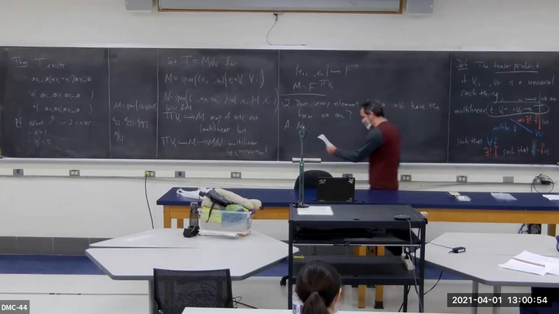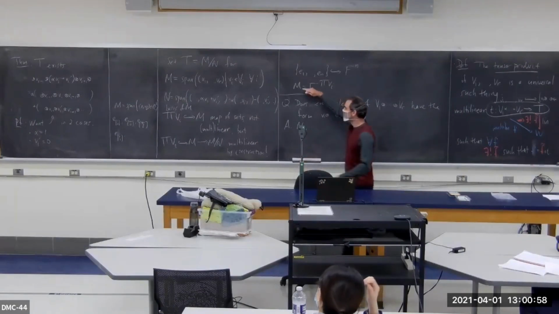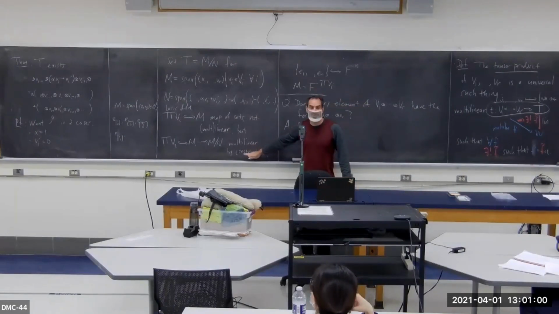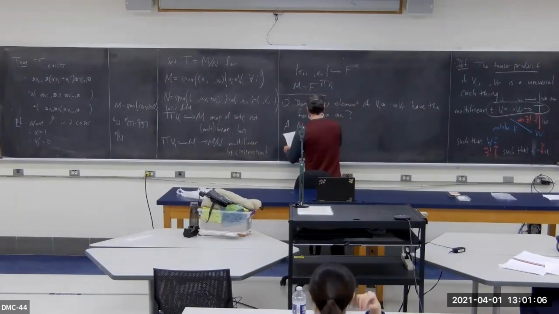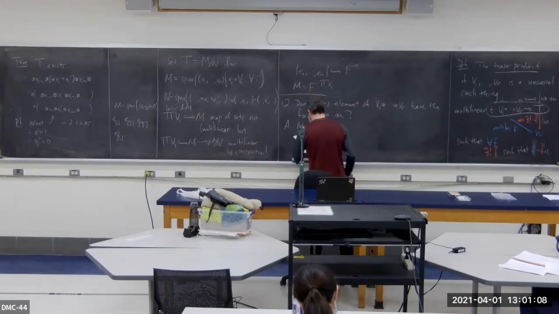Let's give an example. Let's do an example of a tensor product right now before we do the proof. So we're in the middle of the proof here. We will finish the proof in a bit. Let's do an example first because it might help. So this is a crucial example.